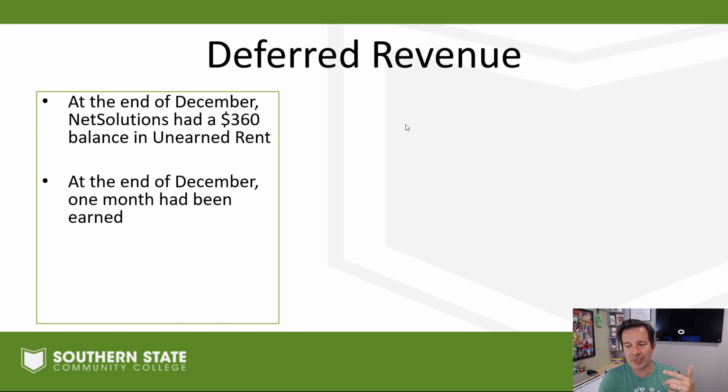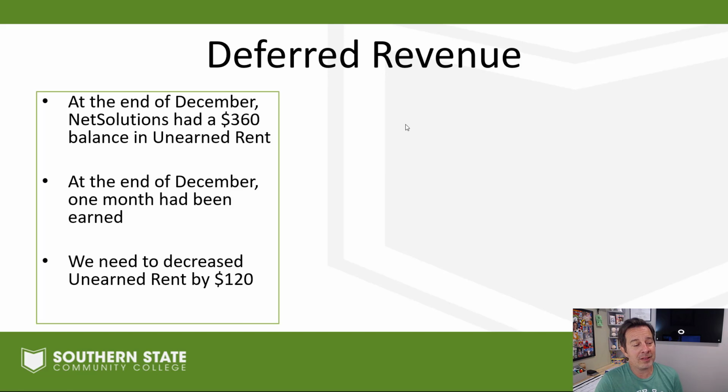Remember, we're talking about renting a piece of land. The tenant paid for 3 months up front, gave our business Net Solutions $360, and now we're earning that $120 a month at a time. So, we need to decrease our unearned rent by $120. We've earned 1 month. We need to take away 1 month of liability. We're not liable for that 1 month anymore.